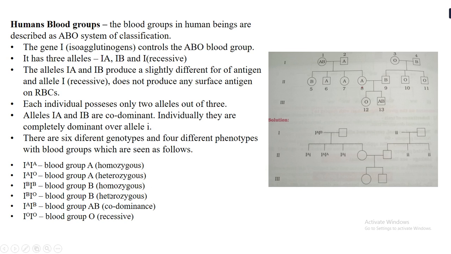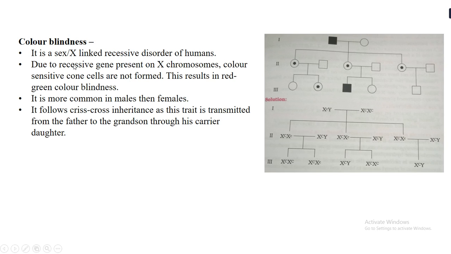Homozygous is 1, heterozygous is 1, codominance is 1, and recessive is 1. So again, this chart will be kept, and you have to write about the blood group system of the pedigree chart. Next, the last pedigree, that is color blindness.